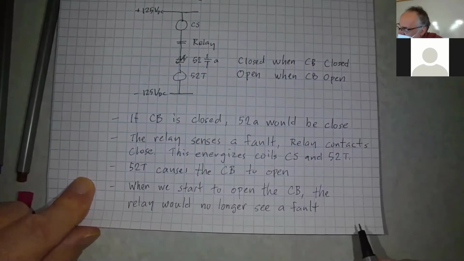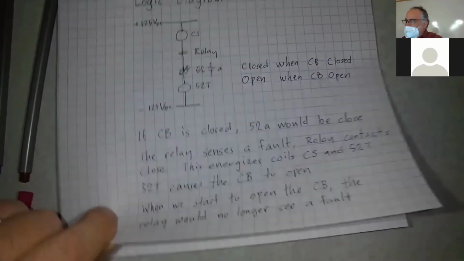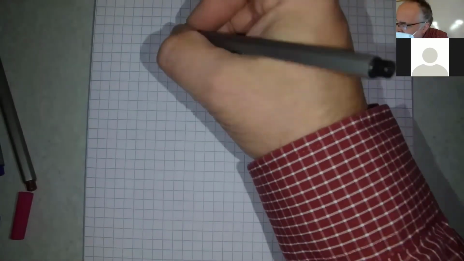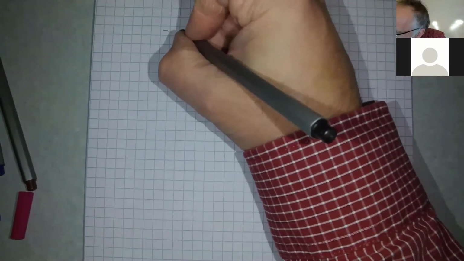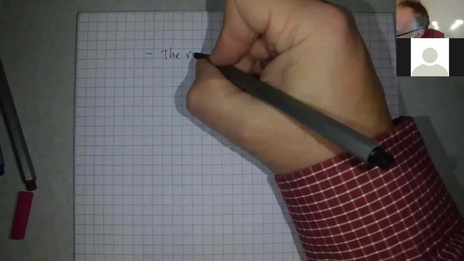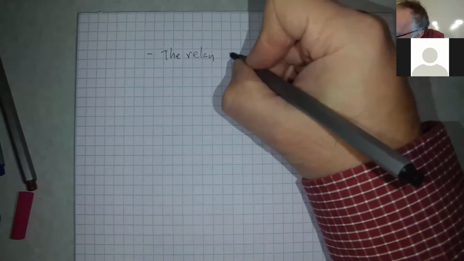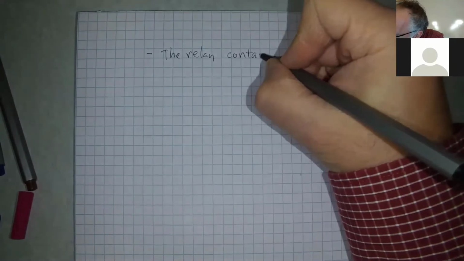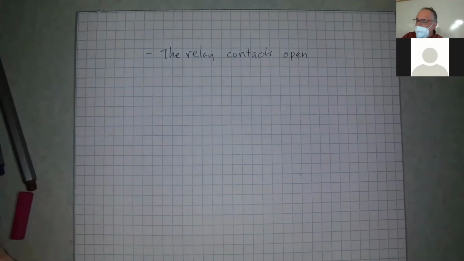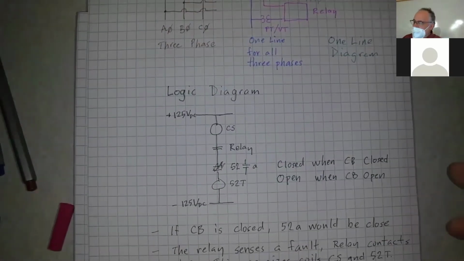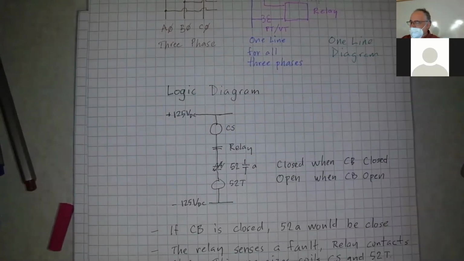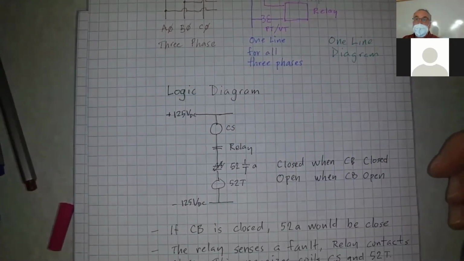When we start to open the circuit breaker, the relay would no longer see a fault. So what's going to happen to that relay contacts? Now this would be a problem, right? Because the thing that's energizing the trip coil, this relay, is starting to open. Okay.